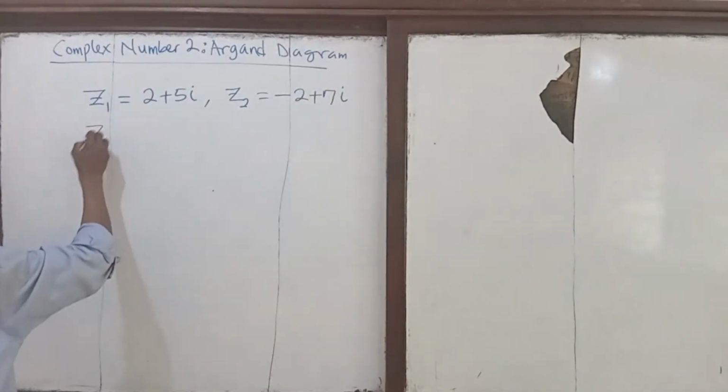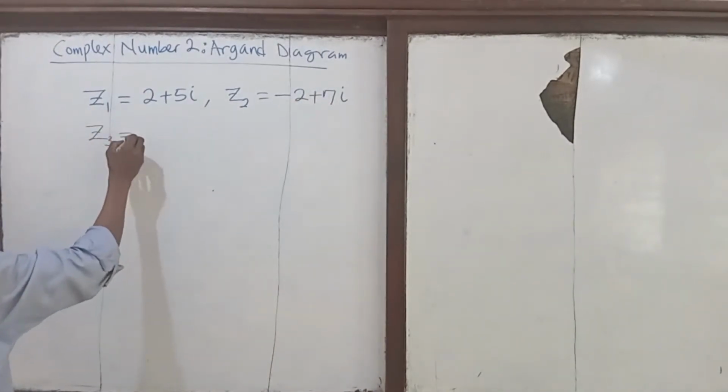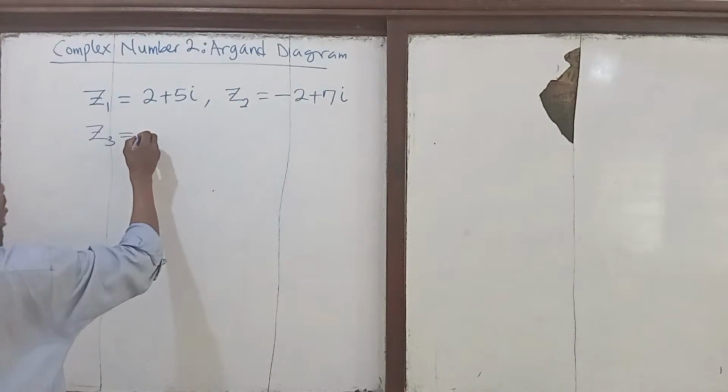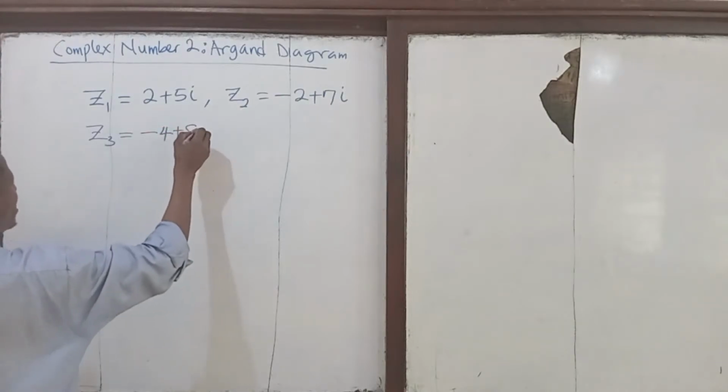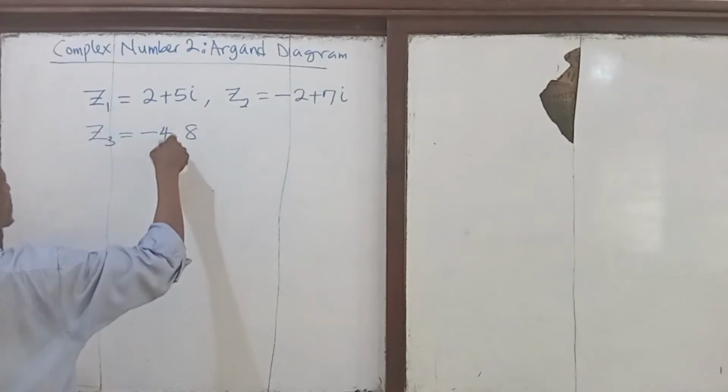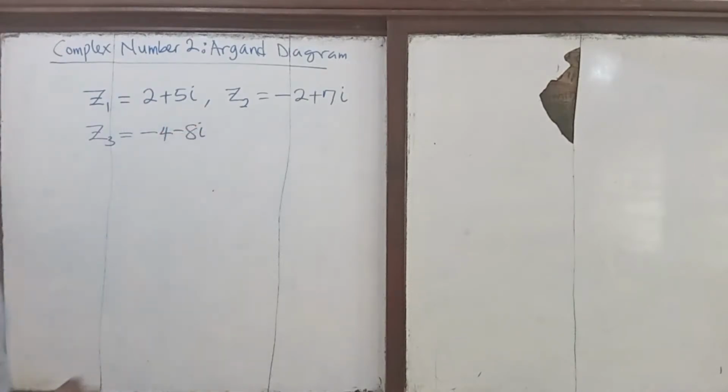You have another complex number, z3, minus 4 minus 8i. These are the complex numbers that you have, and you want to represent them on the Cartesian plane. You want to draw the Argand diagram.